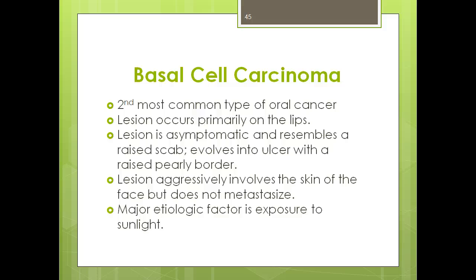Okay. The next type is basal cell carcinoma. Next to the squamous cell, it is the second most common type of oral cancer. Resulting lesions occur primarily on the lips. The lesion is asymptomatic and resembles a raised scab, evolving into an ulcer with a raised pearly border.